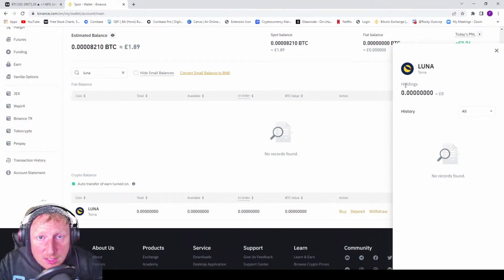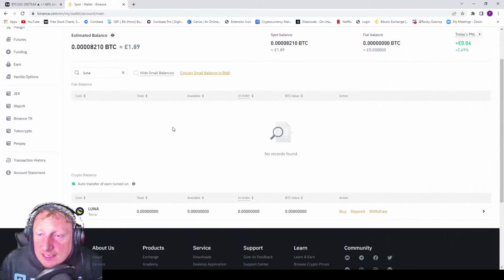I've got 0. So I got in touch with Binance, and Binance came back to me and told me not to worry about it. They're sorting out the system, but the guy on the other end of the phone told me that he can see my 2.3 million coins, and they haven't disappeared, and they will show back up again whilst Binance is doing its thing.